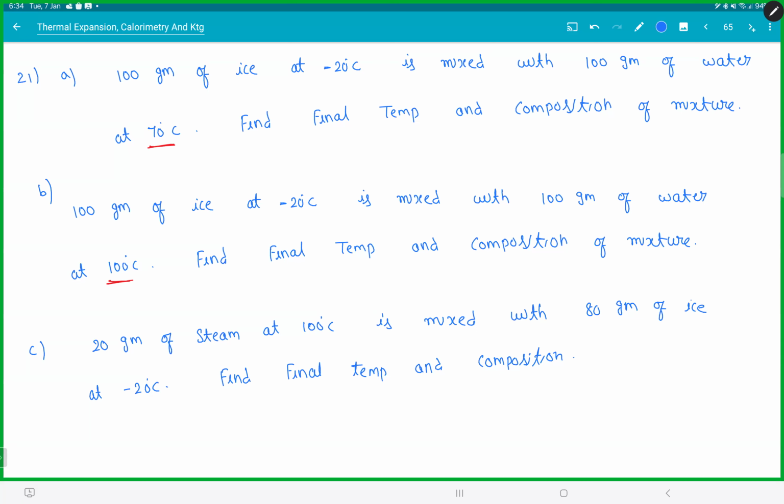You can use MSDT only when you're sure there is no phase change, but here ice is melting.